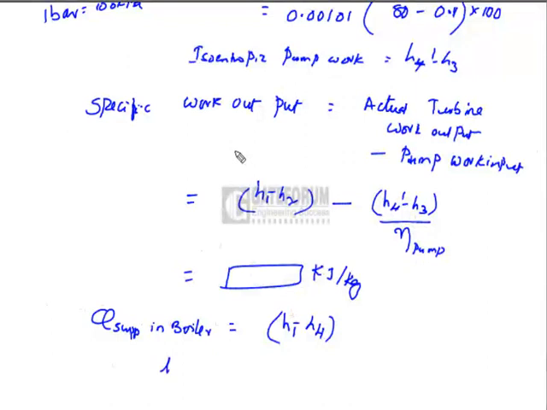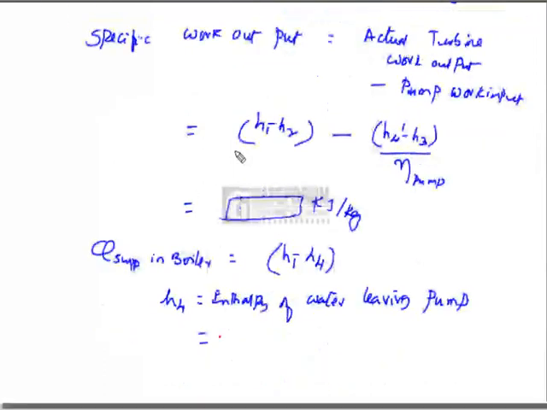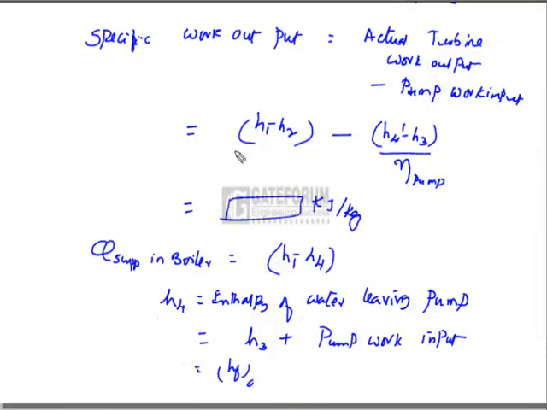The H4, that is enthalpy of water leaving pump, is equal to H3, that is enthalpy of water at condenser pressure, HF at condenser pressure, plus pump work input, that is HF at 0.1 bar plus the pump work calculated above, that is H4 dash minus H3 divided by efficiency of the pump.